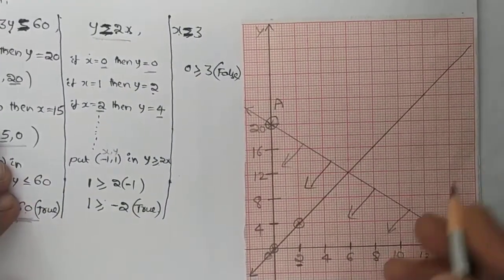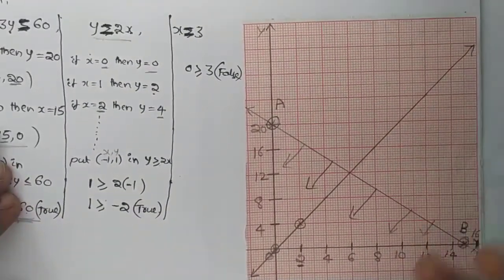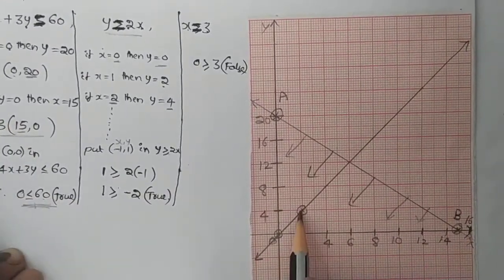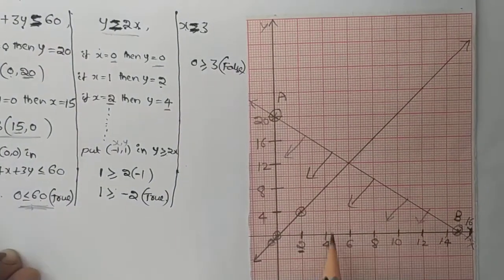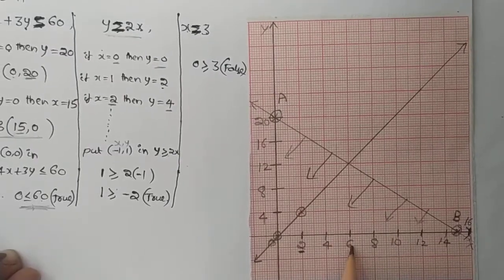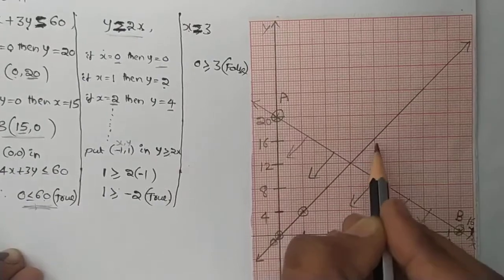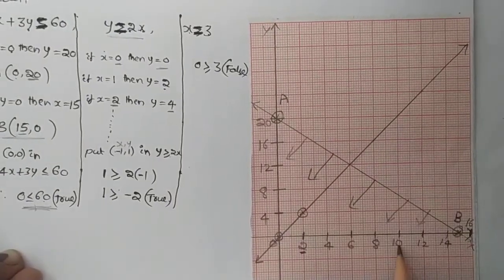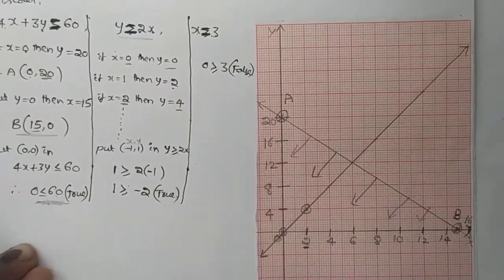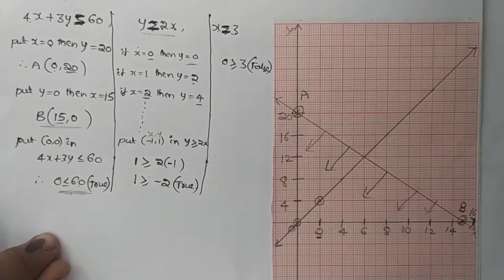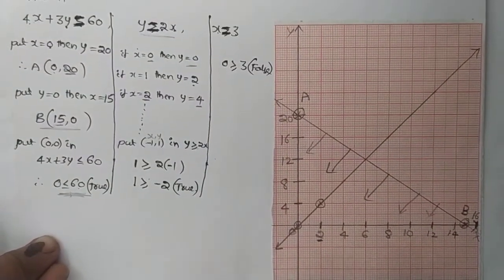So it is the line y is greater than or equal to 2x. x equals 2, y equals 4; x equals 4, y equals 8; x equals 6, y equals 12; x equals 8, y equals 16; x equals 10, y equals 20. Are you understanding? Kindly do not confuse.